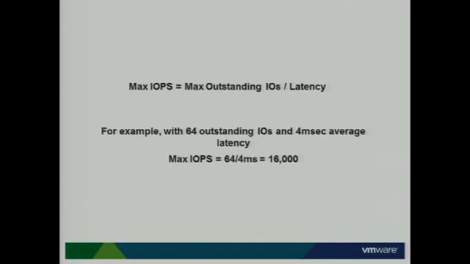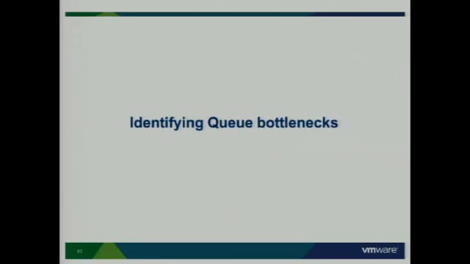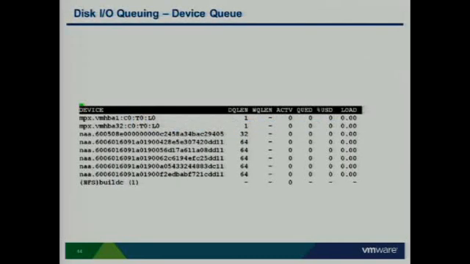It's basically a queuing theory principle to find out what's the maximum IOPS you can achieve. So what this equation tells you is that if you have a database workload and you want to improve its performance because it's IO hungry, either you should increase your queue depth or you should try to decrease your disk latency, or you can do a combination of both.